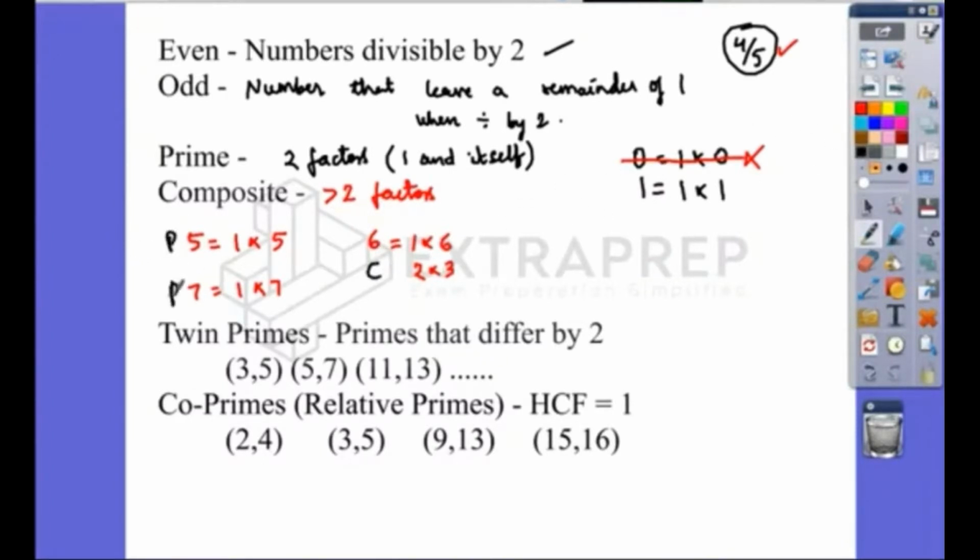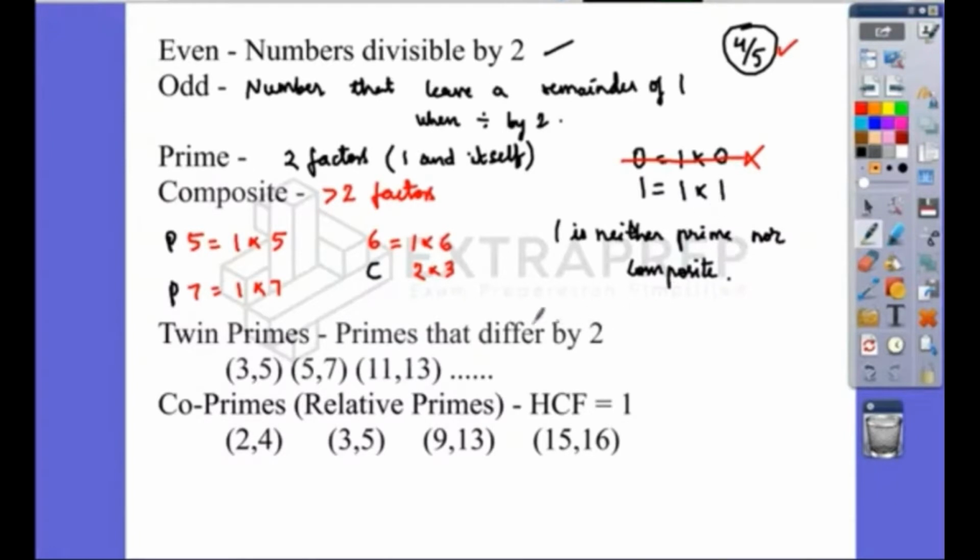Now these two are prime numbers. Okay. So if a number has more than 2 factors, it's a composite number. If it has 2 factors, it's a prime number. But 1 has only one factor. And so we understand that 1 is neither prime nor composite. So 1 is not prime, and it's not composite also.